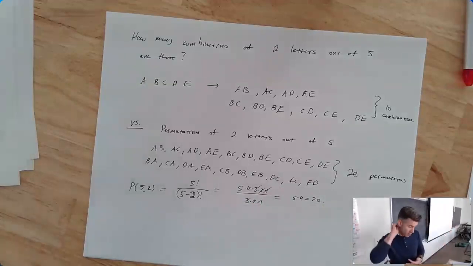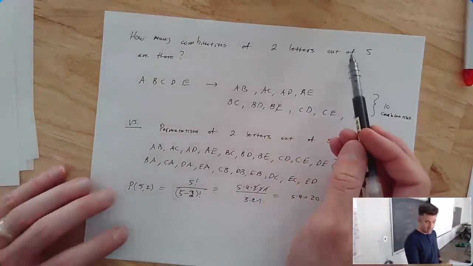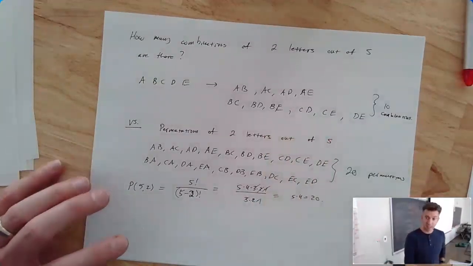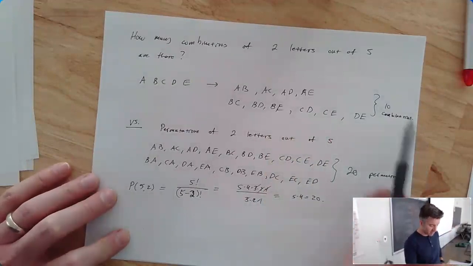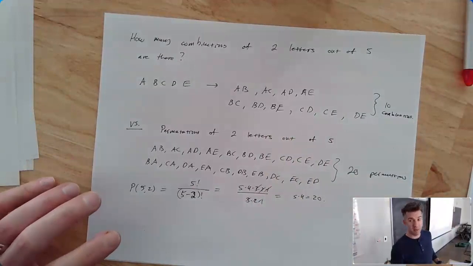So the number of combinations of some number of things out of some other number of things is the same as the number of permutations, except you're going to take the number of permutations and divide by the number of ways of permuting the number of things you picked.